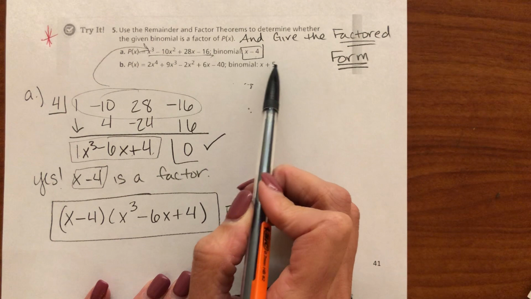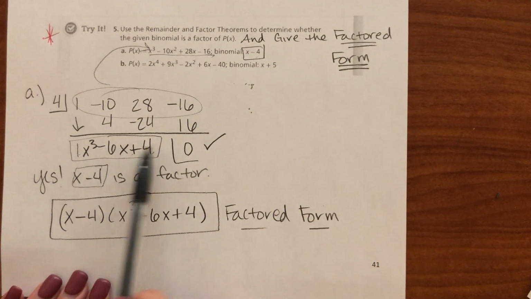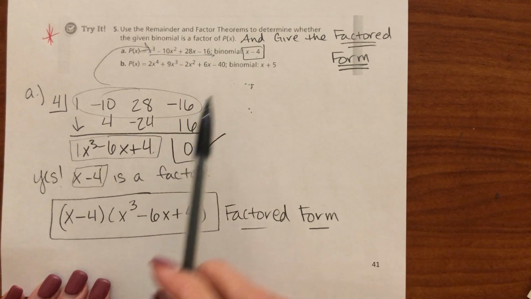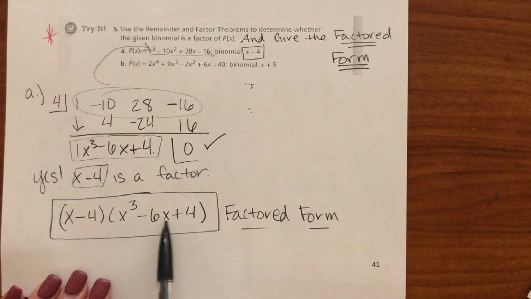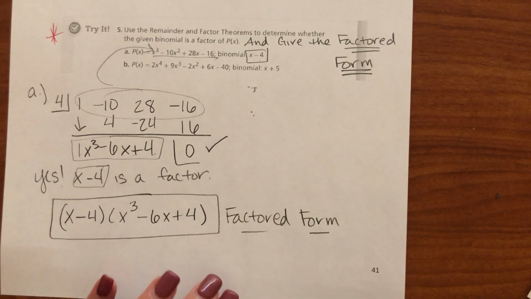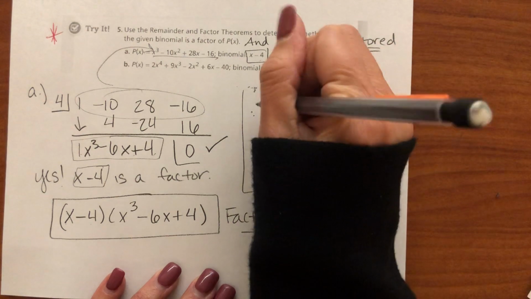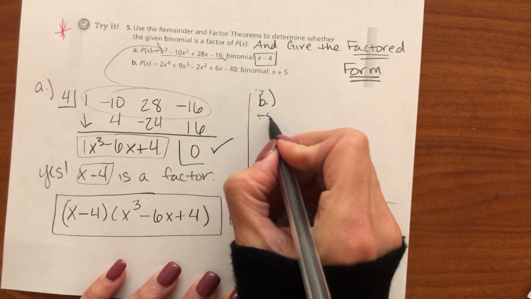So first you need to test if it's a factor. And if it is, you would fill in your x's and write divisor times the quotient here, and that's called factored form. All right, so first you need to test it. This would be -5 here.